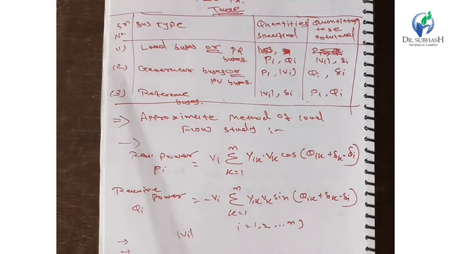The fourth point is that total power generation must be equal to the total load plus losses.